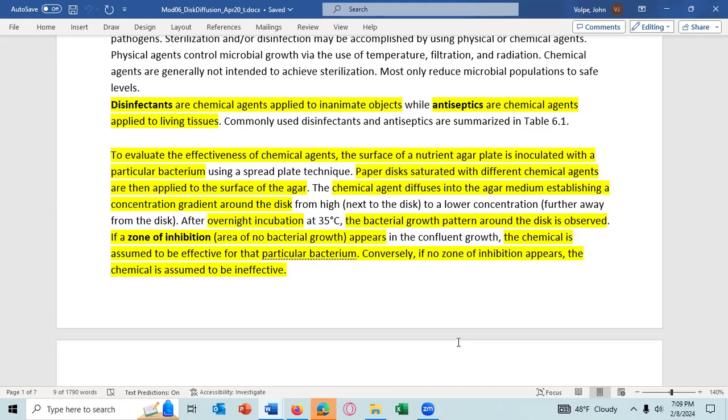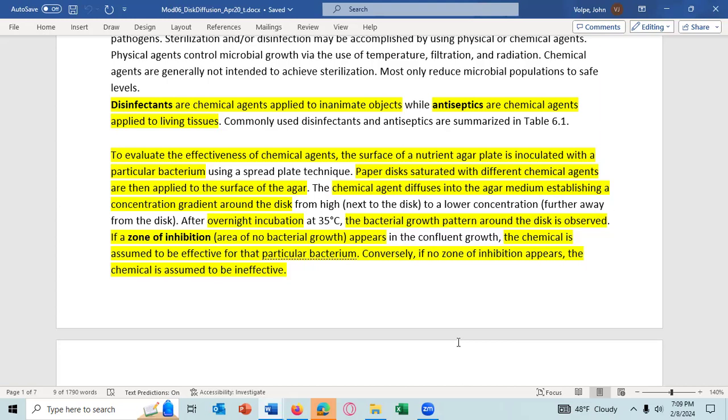To determine whether the bacteria was sensitive to the antibiotic, you'd have to measure the diameter of the zone of inhibition and then look up that diameter in the chart for that antibiotic and that bacteria.